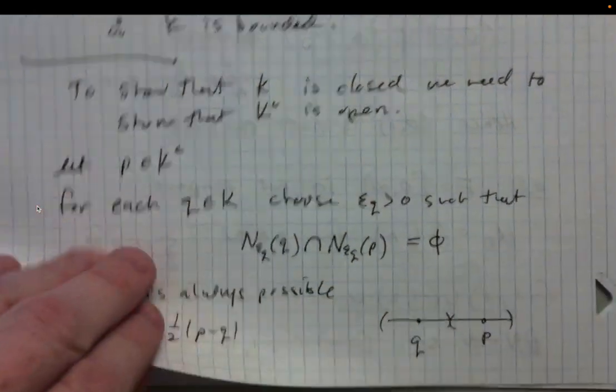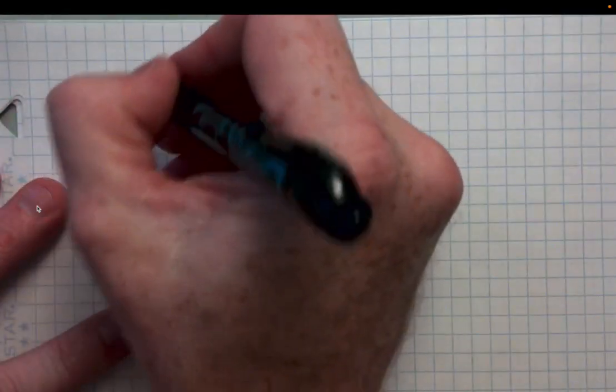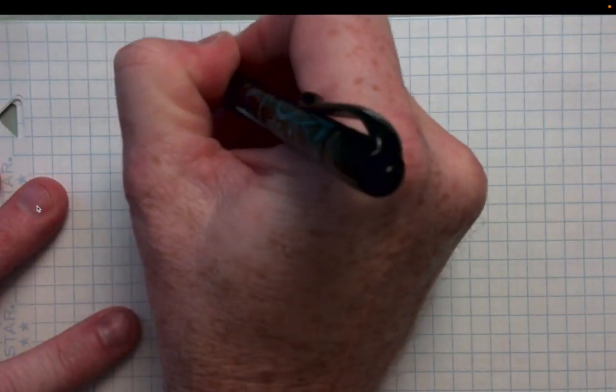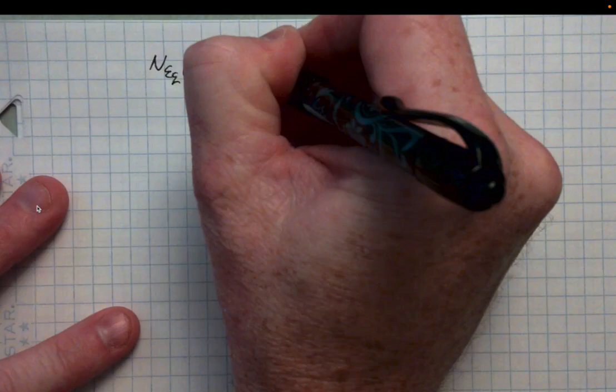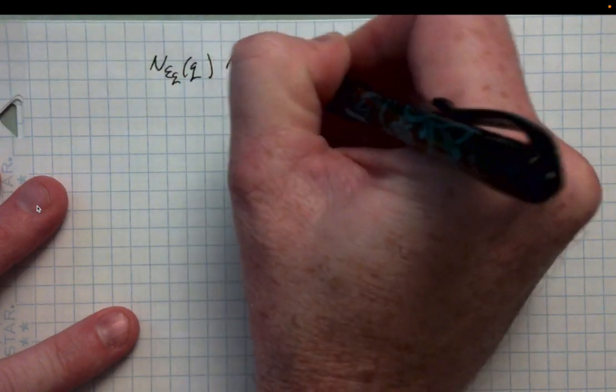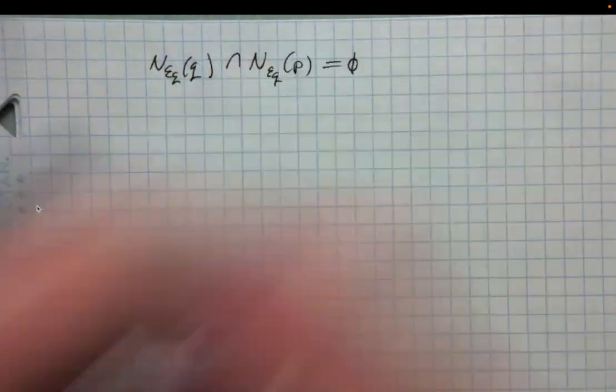Okay, so what does this get us? What do we have now? We've got that the epsilon Q neighborhood of Q and the epsilon Q neighborhood of P is empty.